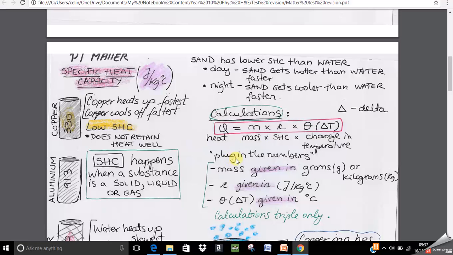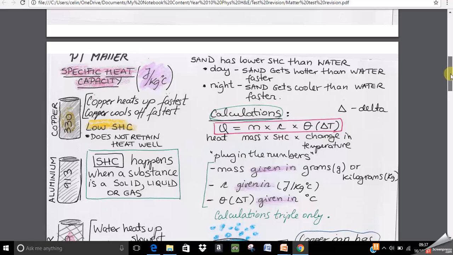So all you have to do is plug in the numbers. All you need to recognize is the mass. It will have grams or kilograms. That C will always have probably this value, kilojoules per kilogram degrees Celsius, or sometimes it could be joules per gram, without the K in front, degrees Celsius, and theta, or the change in temperature, is always given in degrees Celsius.